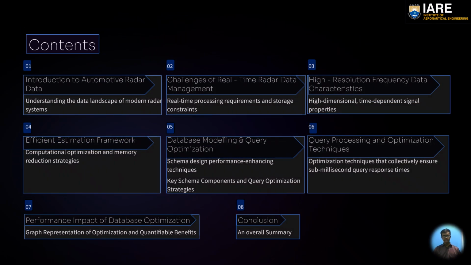First of all, let's go through the contents. In the first place, I'm going to introduce the concept of automotive radar data. There will be understanding the data landscape of modern radar systems.